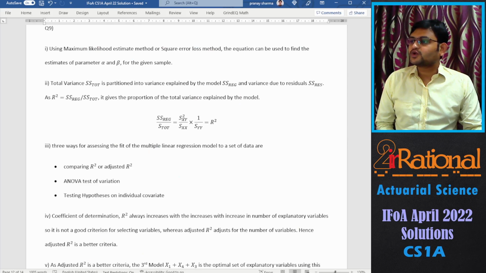We'll say total variance SSTOT is partitioned into variance explained by the model, that is SSREG, and the variance due to residuals, that is SSRES. As r square equals SSREG by SSTOT, it gives the proportion of the total variance explained by the model. I've even shown the relationship for both of them.